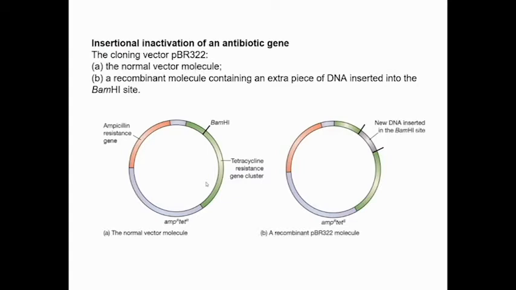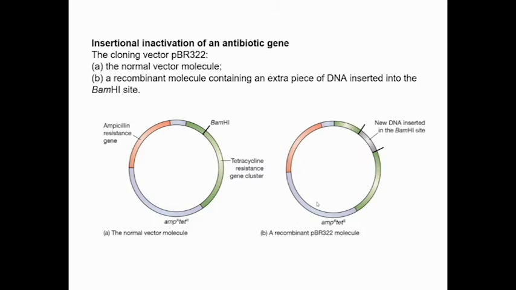The first example here is pBR322. That's the insertional inactivation of an antibiotic resistance gene. pBR322 has both tetracycline and ampicillin resistance genes. In the tetracycline resistance gene, you have the cloning site, BamHI. If you introduce a foreign DNA sequence here, you disrupt the tetracycline resistance.